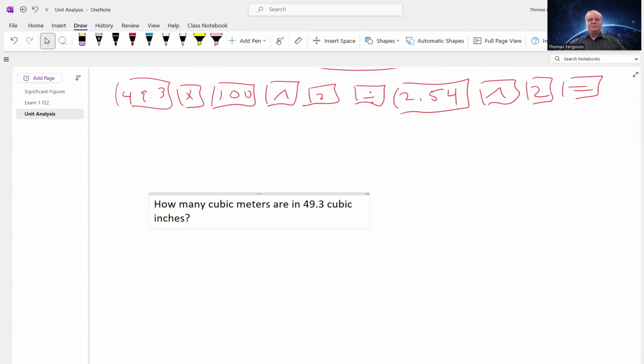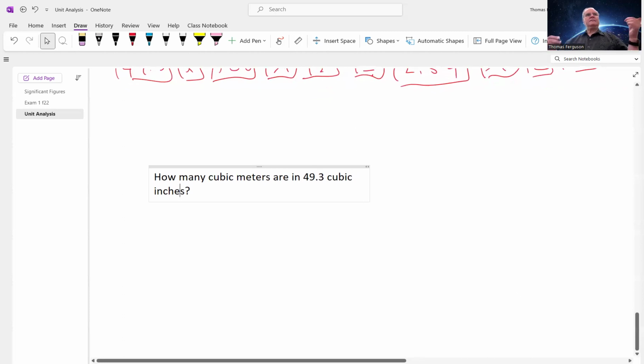How many cubic meters are in 49 cubic inches? So this is going to be kind of the reverse. Remember cubic meters, that's a meter by meter by meter. A cubic inch is an inch by an inch by an inch. So there's going to be not very many meters in that cubic inch.